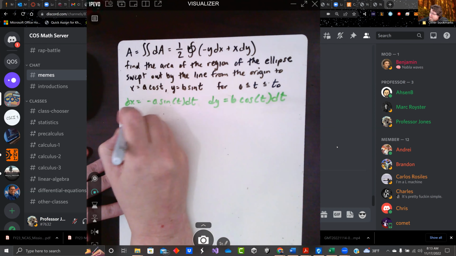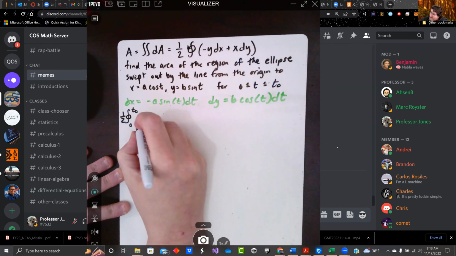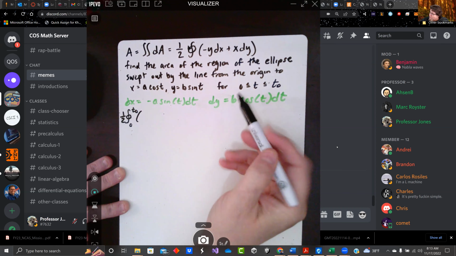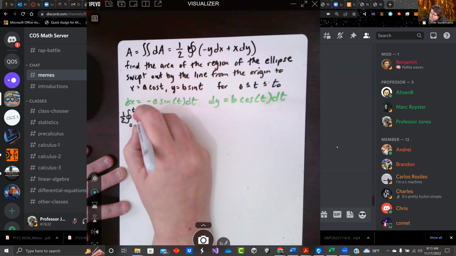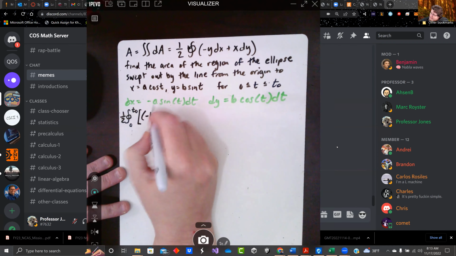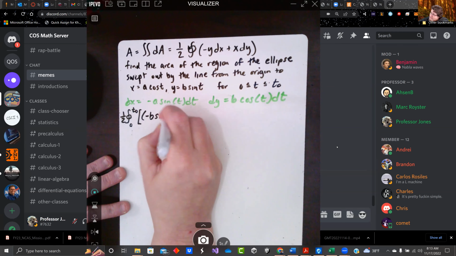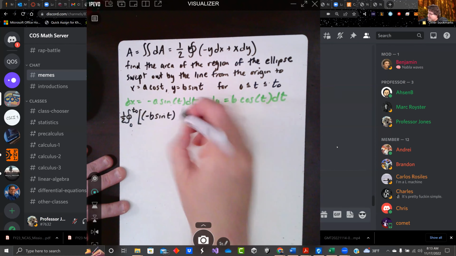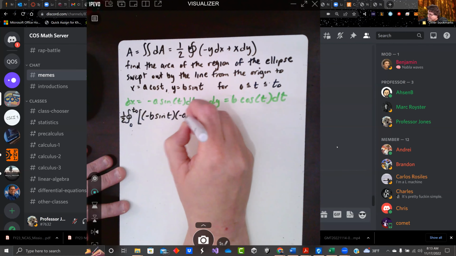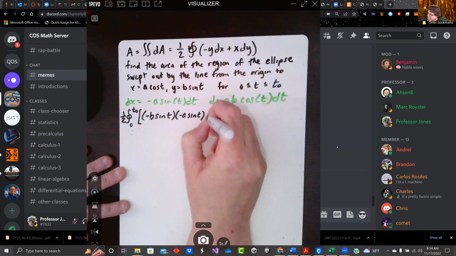And it's a closed line integral. And we've got negative y. Y is b sine t. I'm going to use a bracket. Negative b sine t. And then I need dx, and dx is negative a sine t dt.